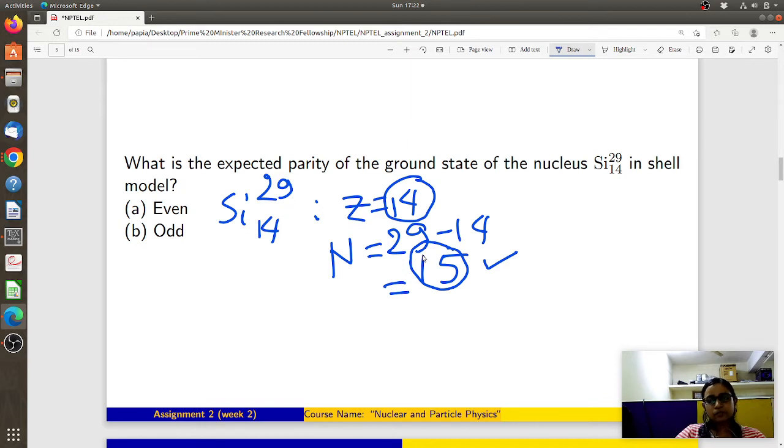By putting l equals 0, minus 1 to the power 0 means positive. So the expected parity of the ground state will be even, because it's a positive value. So this is the second question, and the answer is even, that means the first option.